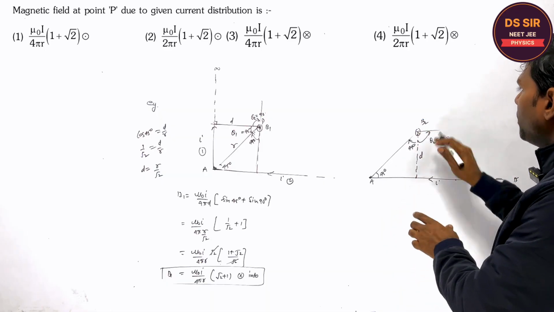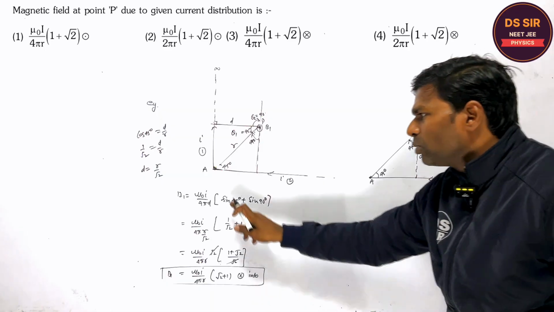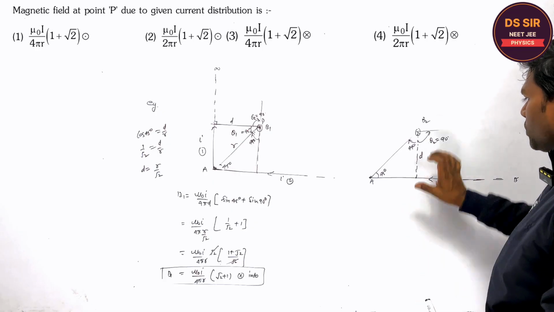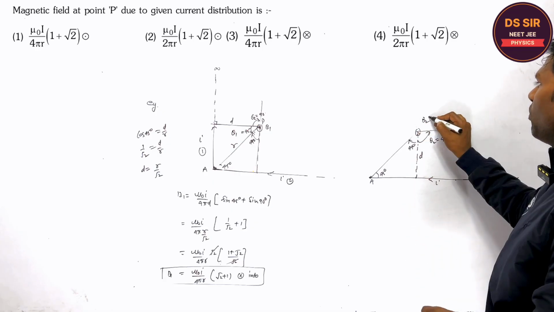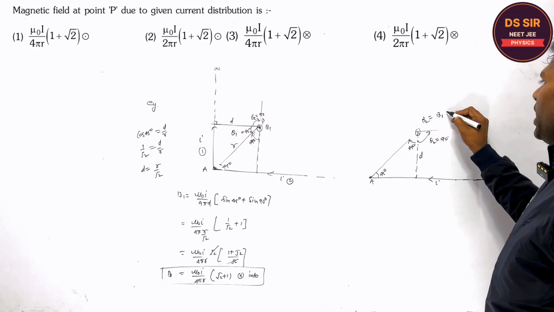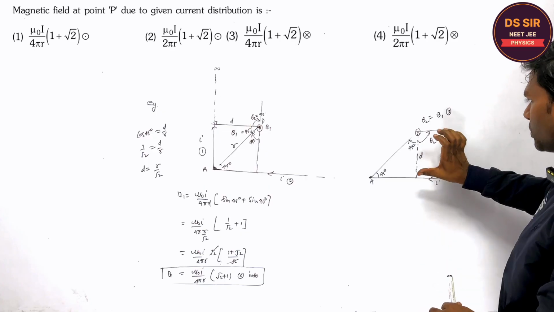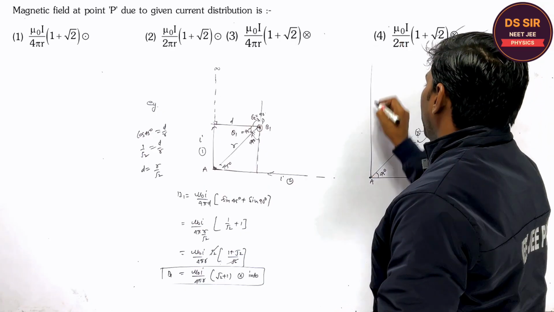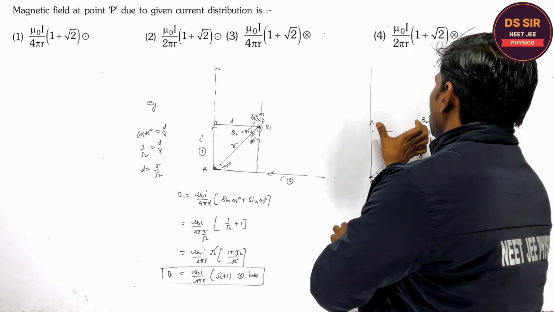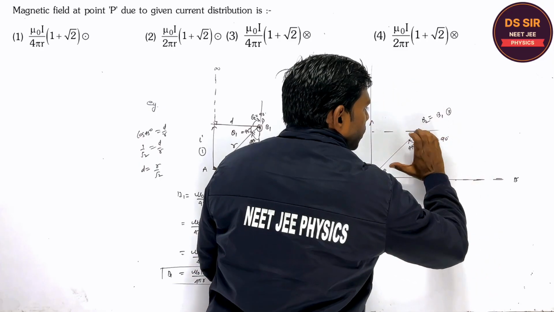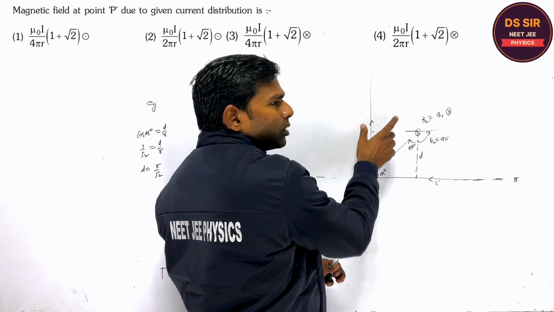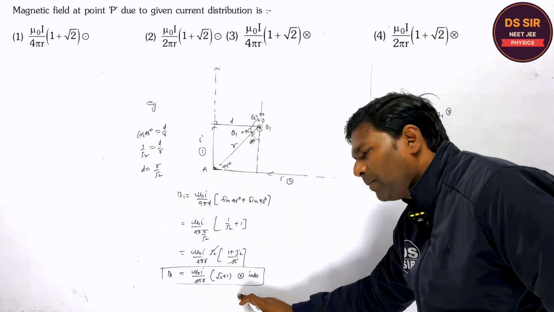The magnetic field B2 will be calculated in the same way. So B2 is also equal to B1, and it is into the board. The magnetic field due to this portion is also into the board. Both have the same magnitude.